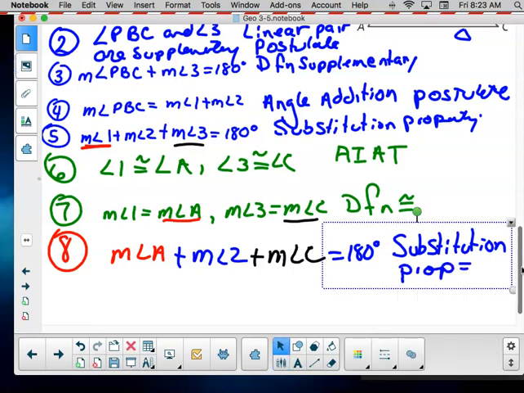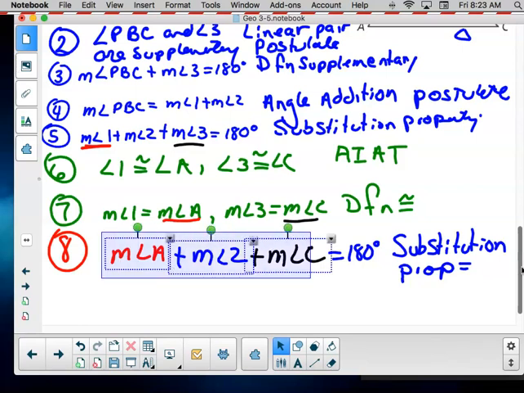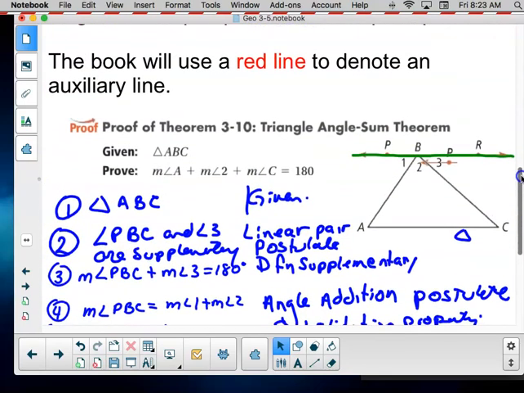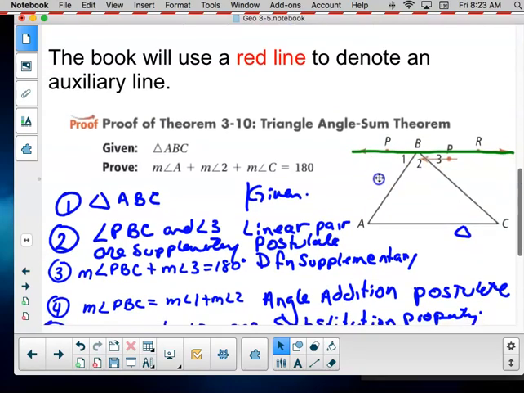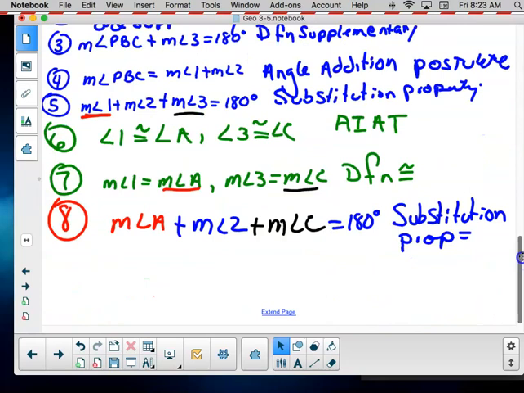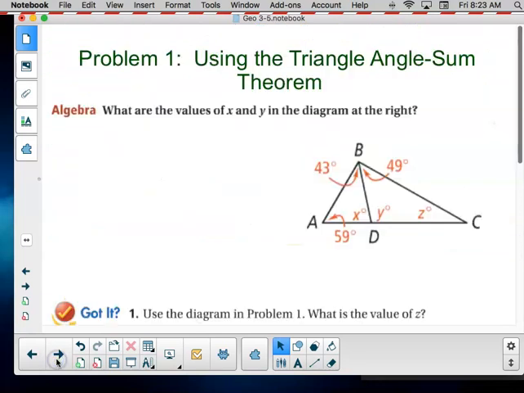And that's what I was asked to prove at the beginning of all this. So let me get this squeezed down a little bit so we can all see that. But that's what I was asked to do. Okay? The measure of angle A plus the measure of angle 2 plus the measure of angle C is 180. And that's what we are able to prove. Okay? So that's proving the triangle sum theorem.